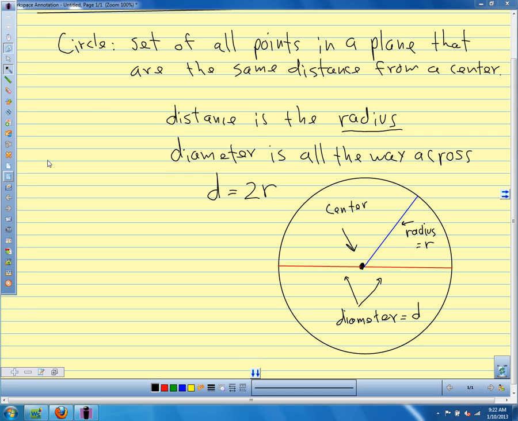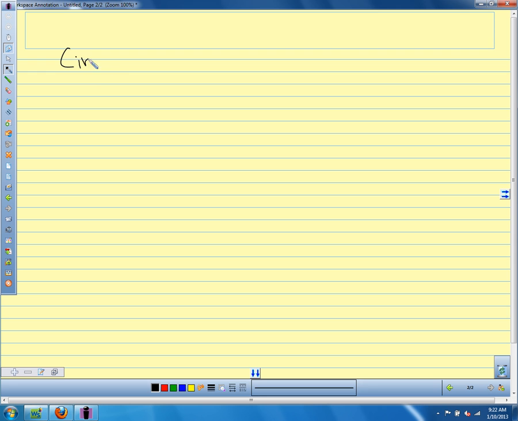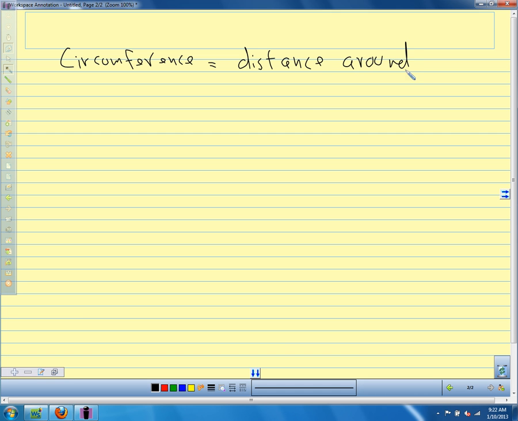So the circumference is the distance around, and we usually say that the circumference is 2 pi r, or the circumference is pi times the diameter.